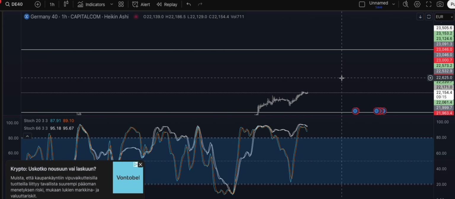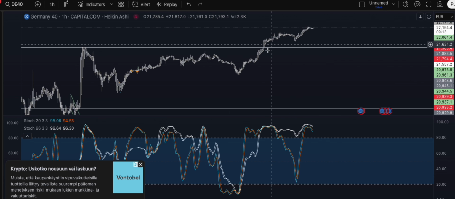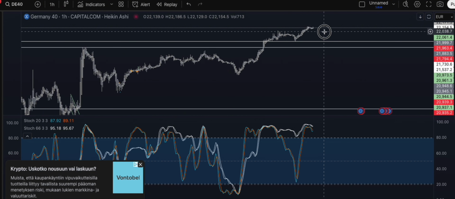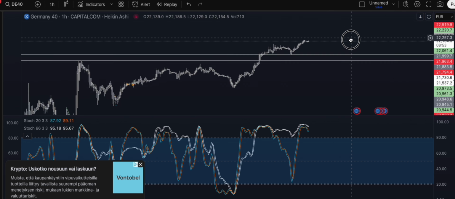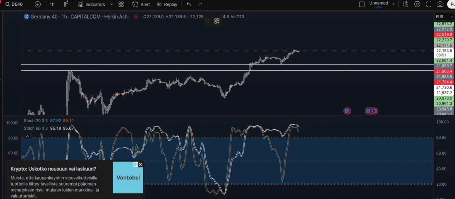However, the price obviously loves to range, so as you can see, somewhat of support has been found here, so I wouldn't be surprised if this price comes back and tests this 21,750 or even back to 21,560 before it will move back up again.